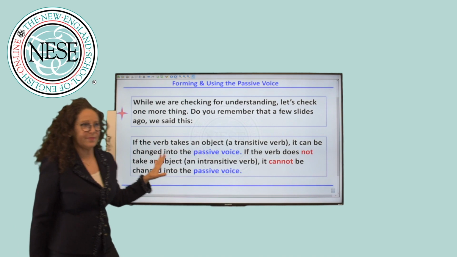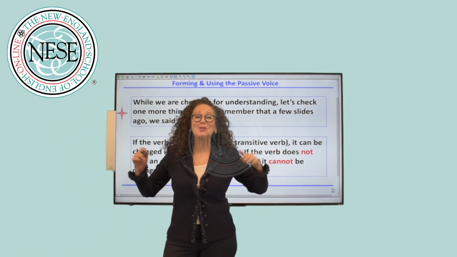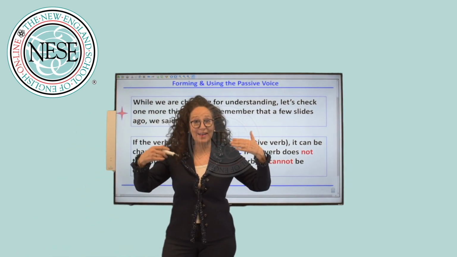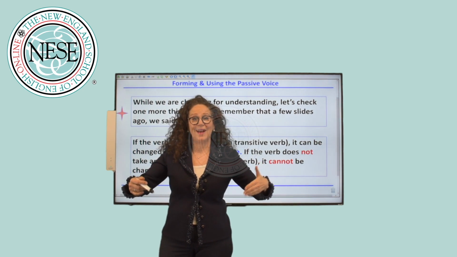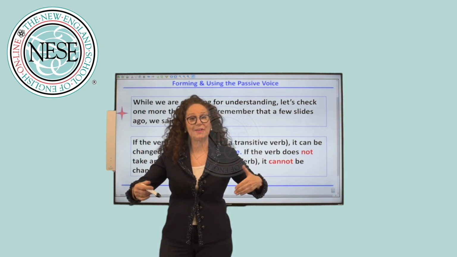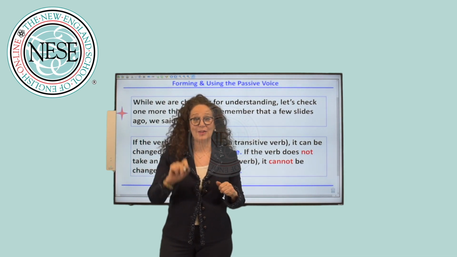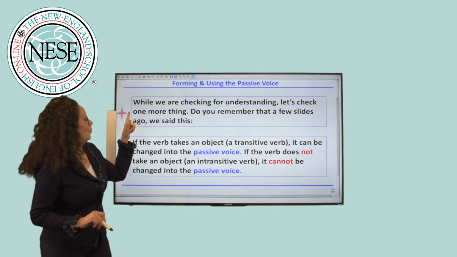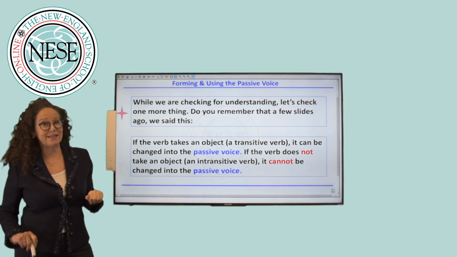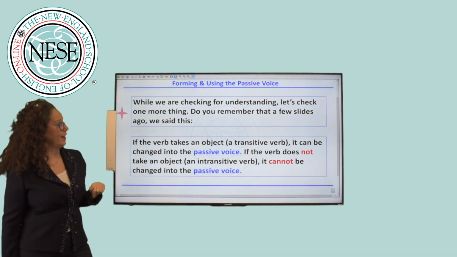So do you remember a few slides back we talked about transitive and intransitive verbs? And only transitive verbs can be changed to the passive. Do you remember that? While we're checking for understanding, let's check one more thing.